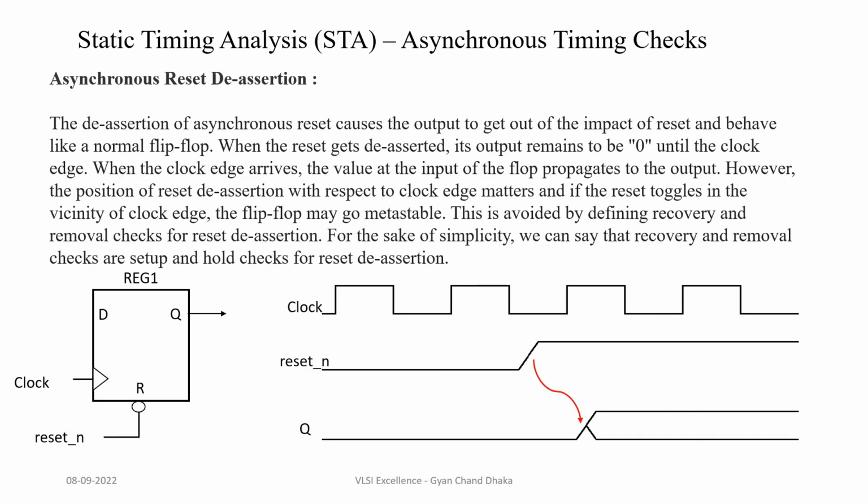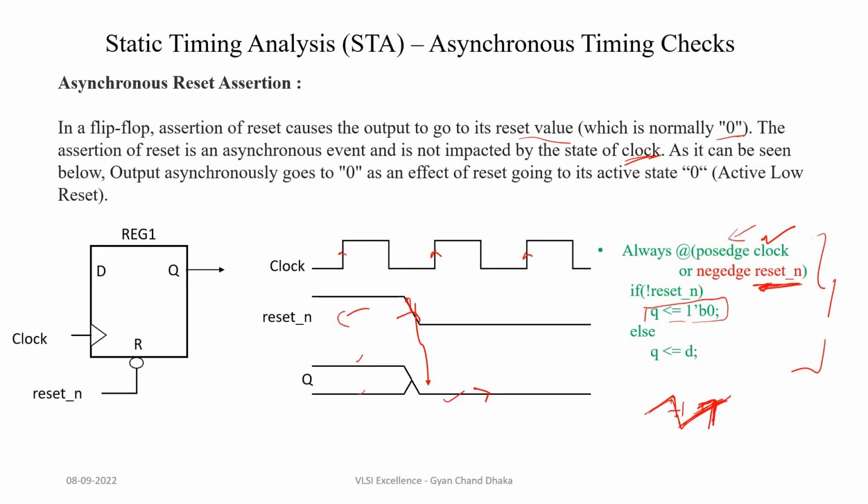Now let's see the flip-flop behavior during reset de-assertion. As you can see in this code, whenever there is a negative edge of the reset, the flip-flop will get reset. But reset de-assertion happens when the reset signal goes from low to high.